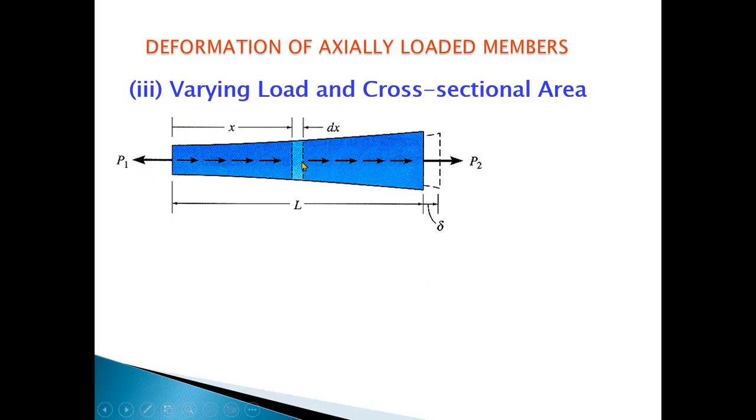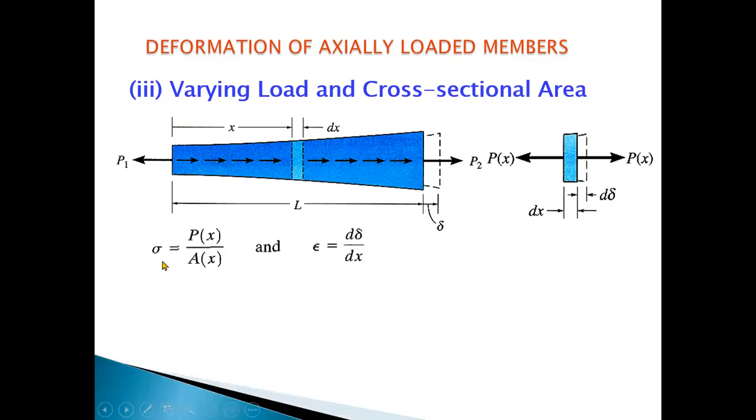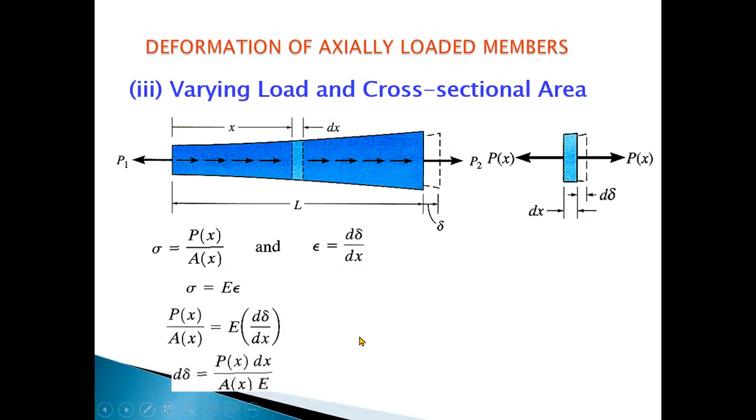We take one strip and then we integrate it. In that strip, we say dx and delta x, and delta deformation is for that particular strip. So the formula will be like this. Okay.